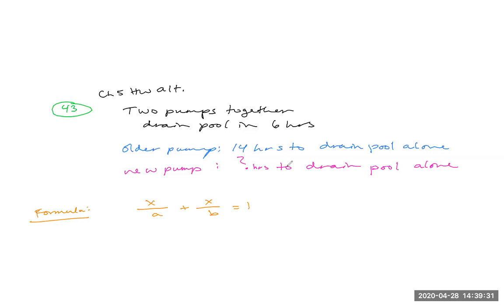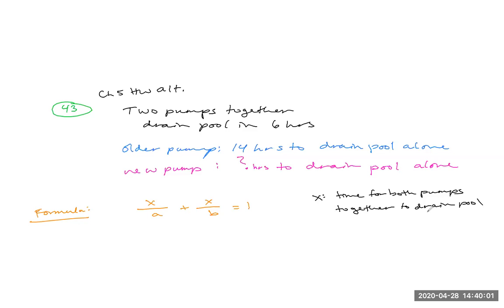The reason I'm going to do that is because remember our formula, we already had an X in it. So I don't want you to think that this necessarily is the same X. Remember that the X that's given here is the time for both pumps together to drain the pool, because that's the one job.